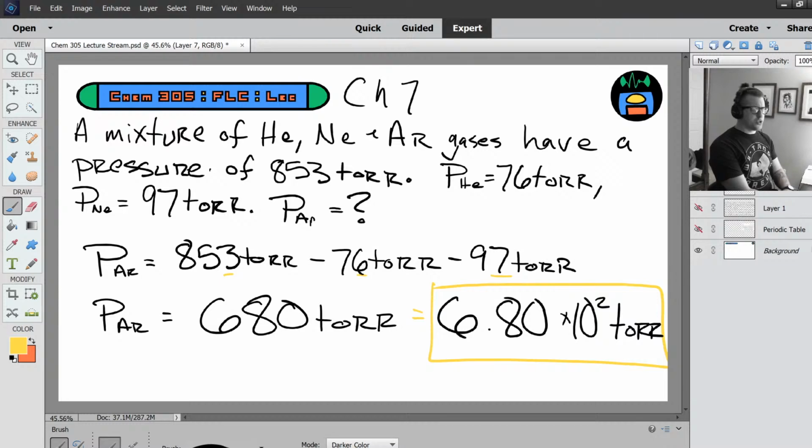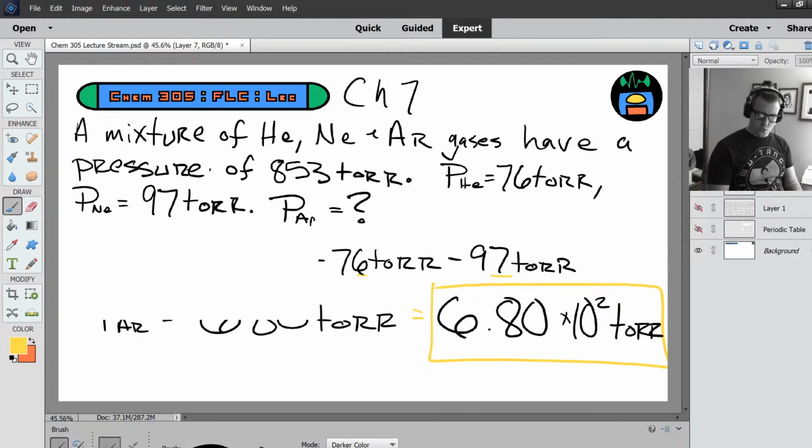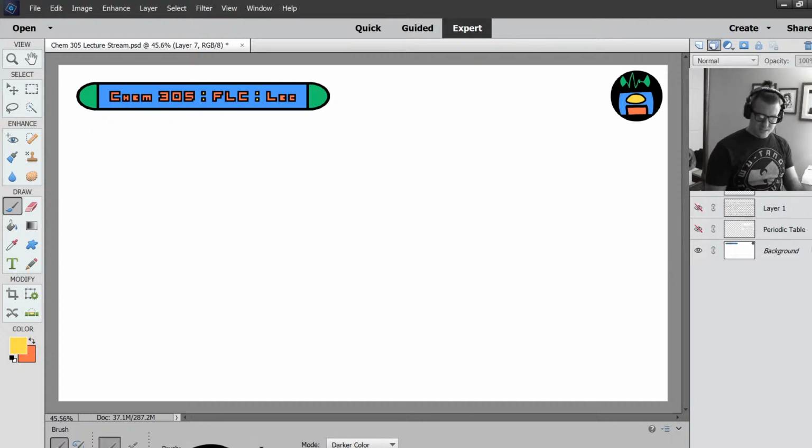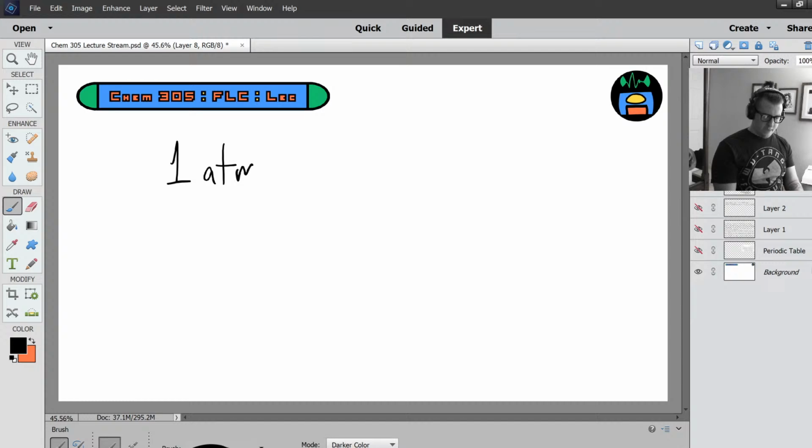the sig figs should be the same when you convert between atmospheres and torr, because one atmosphere is defined as 760 torr.